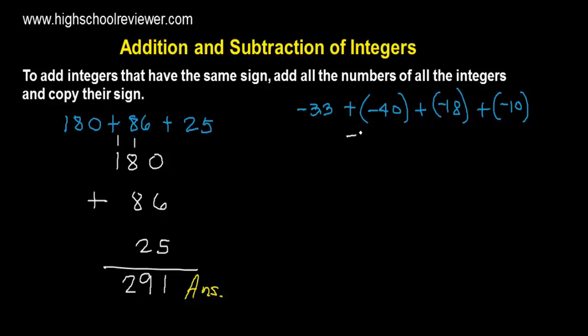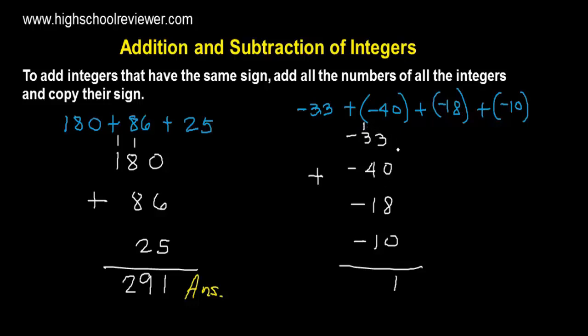We have negative 33, negative 40, negative 18, and negative 10. And then do not forget the addition sign. Start at the rightmost portion. 3 plus 8 is 11. Bring down 1 and then carry 1 to the next column.